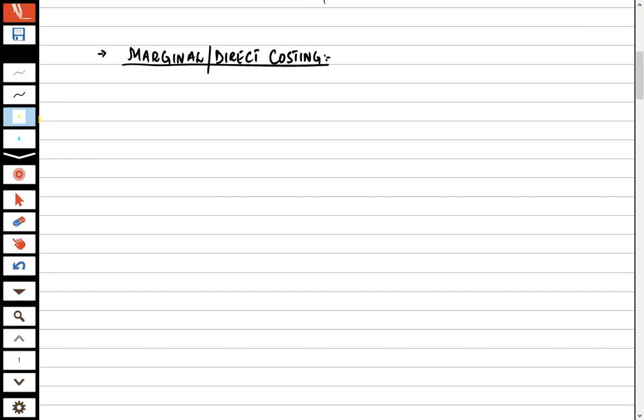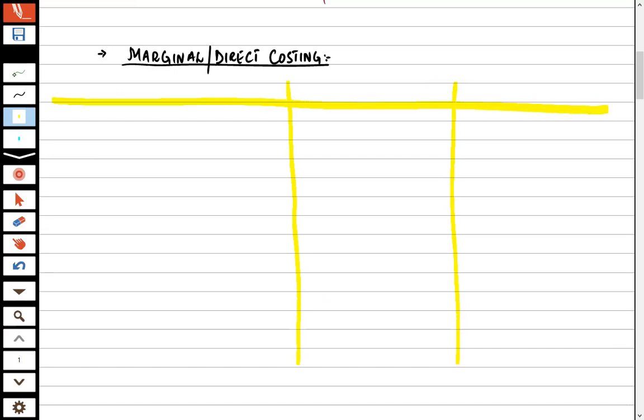Then now we will have 2 months, that is month number one and month number two, and here will be the data.